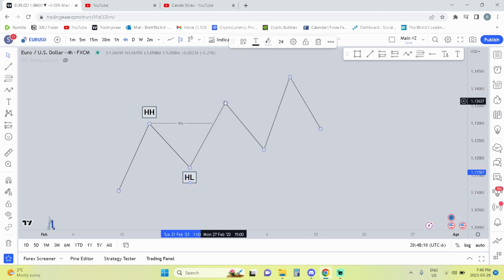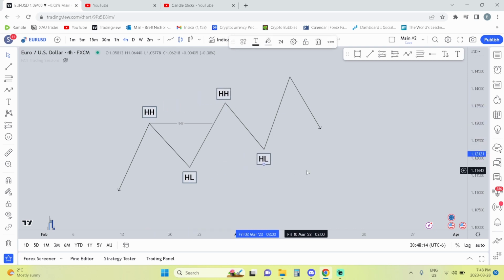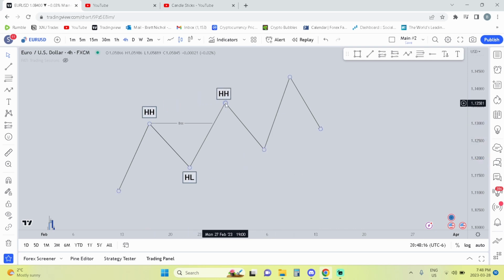And that means this high right here becomes a new higher high because this high is higher than the previous one. So price made a correction and then impulsed up, breaking the previous higher high. So that would be another break of structure to the upside.